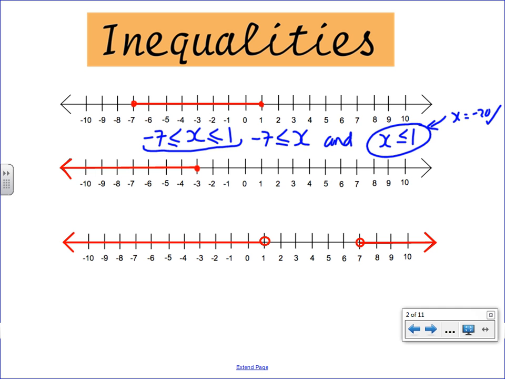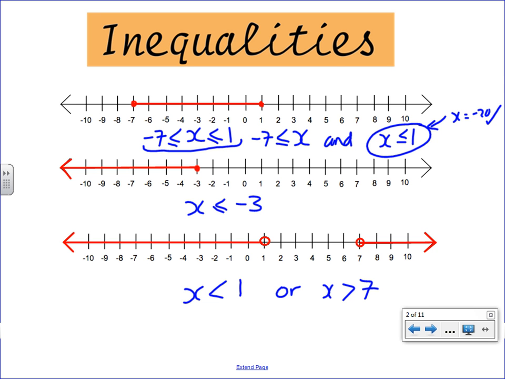Okay, second example, this isn't squashed between two numbers, this is everything to the left of -3, or it could be -3. That's because of the filled in dot, isn't it? Yes, exactly. In this last example, we've got everything to the left of 1, but we're not allowed to be 1. We've also got another bit, or everything to the right of 7, everything bigger than 7, but not allowed to be 7.